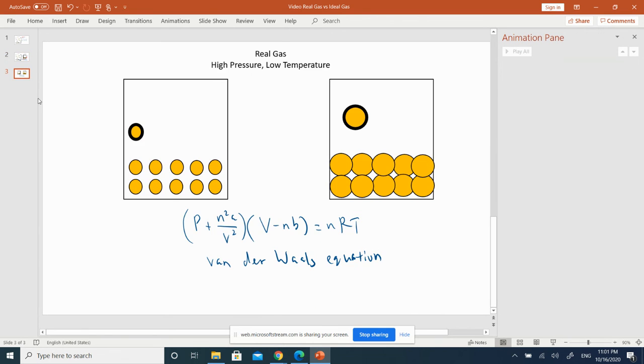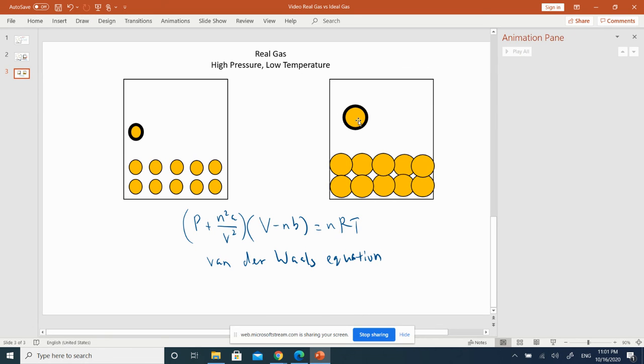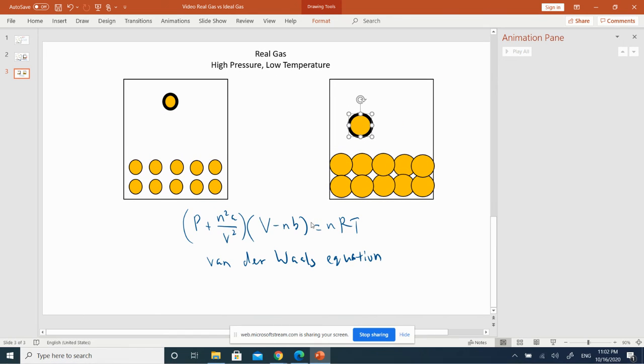Another one, as we can see here, if the molecule is smaller, it has bigger space. If the molecule is bigger, then it will have smaller space to move about. So the deviation from the ideal gas equation is even larger.